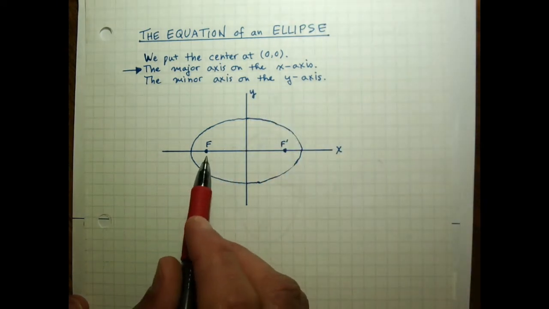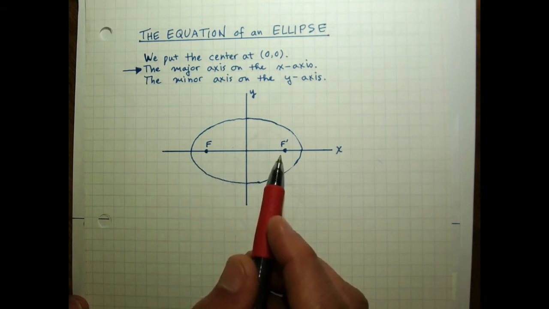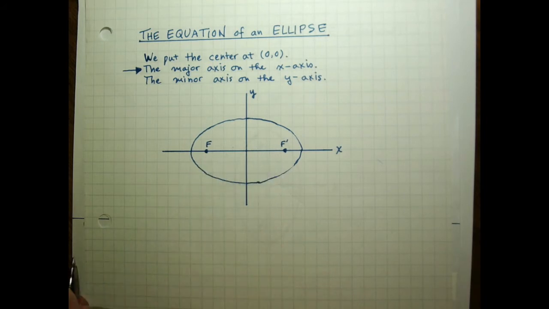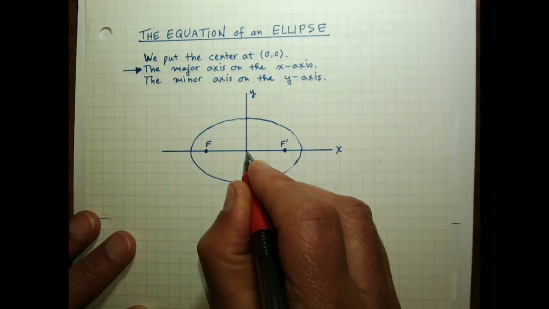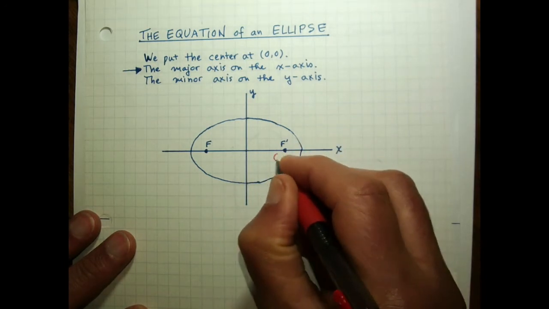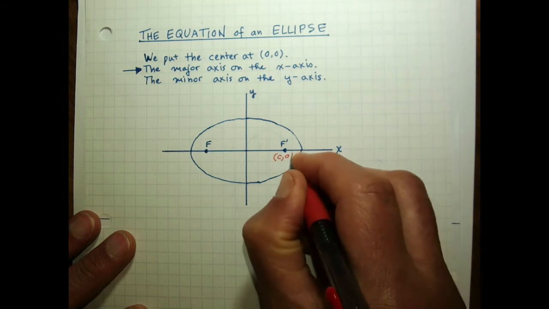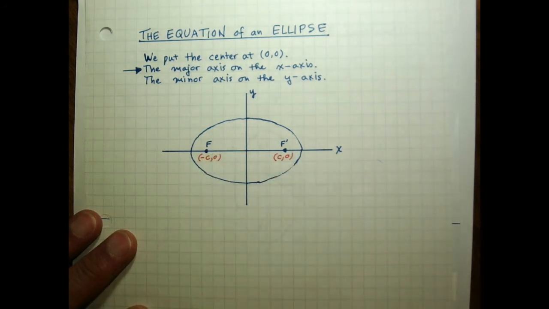So the two foci, F and F prime, are both going to appear on the x-axis here. And because C is the distance from the center to a focus, I know these coordinates are going to be (c, 0) and (-c, 0) for the two foci.